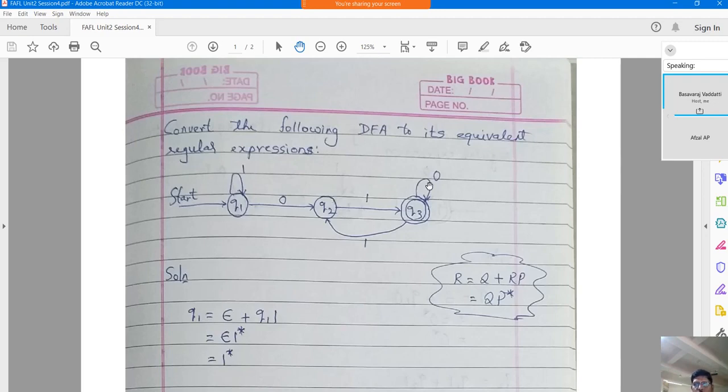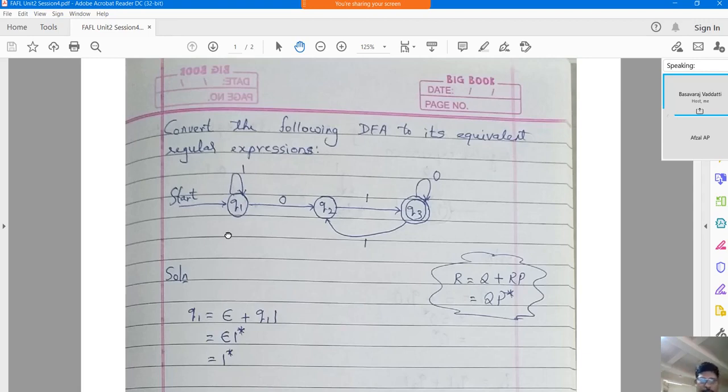Both are the same. In this case, I have given here a transition diagram which represents a DFA, deterministic finite automata. In some cases, you may be given a transition table. From that also, we can convert it to regular expressions.